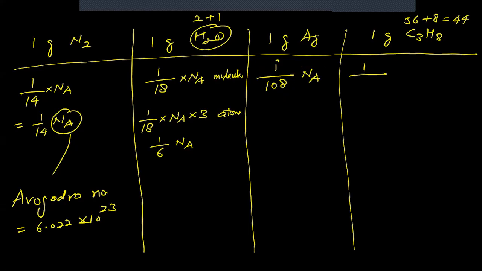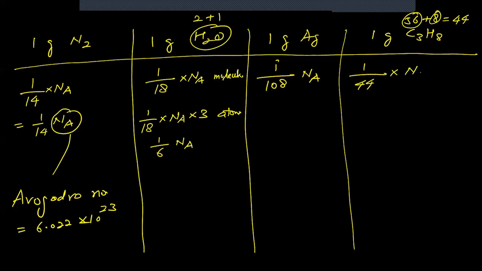Now here, because it exists in the form of molecules, I will first get the number of molecules. Given mass upon molar mass, here it is 44. How did I calculate 44? 3 into 12, where 12 is the atomic mass of carbon, and 1 is the atomic mass of hydrogen. So 3 into 12 is 36, 8 into 1 is 8, and 36 plus 8 gives 44. These are the number of moles of C3H8.